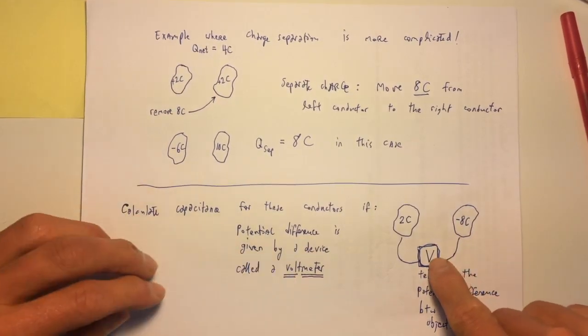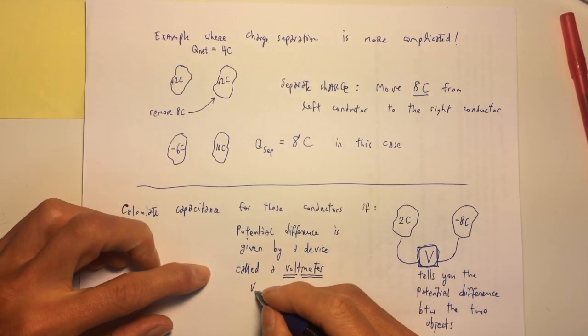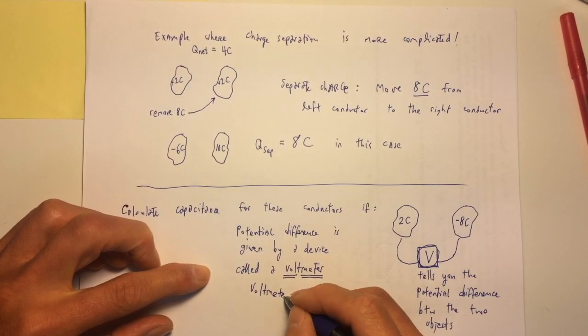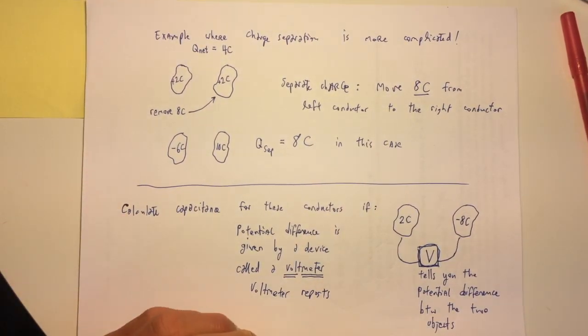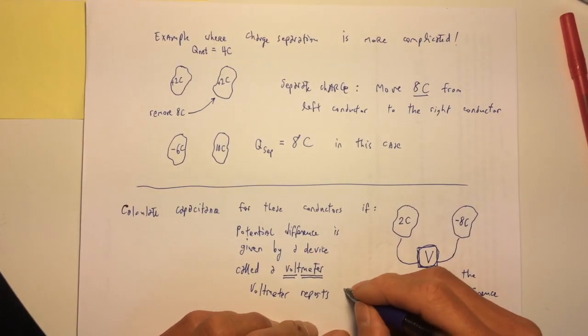So let's say that my voltmeter in this particular example reports a potential difference of, let's see, my example has 8 volts.